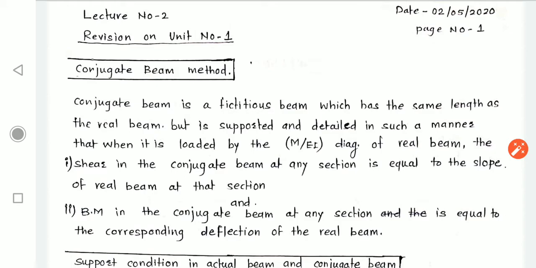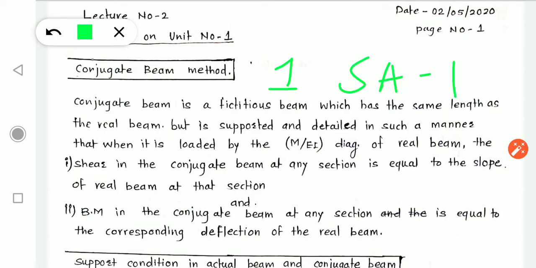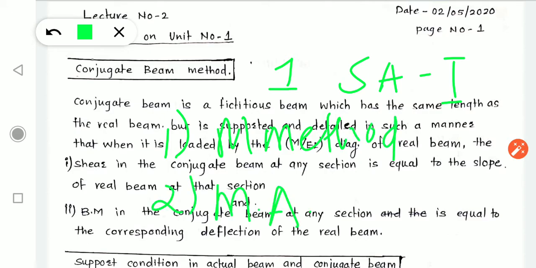So in this lecture, we will cover the remaining two methods from unit number 1. In the previous lecture, I told you that in unit number 1 of Structural Analysis 1, we basically have 4 methods to study. First is the Macaulay method, second is the moment area method, third is the conjugate beam method, and fourth is Castigliano's first theorem, or the strain energy based method.